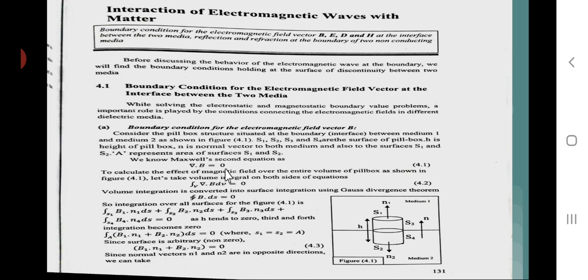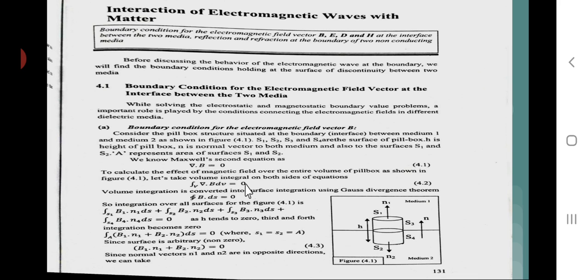To calculate the effect of the magnetic field over the entire volume of the pillbox, let us take the volume integral on both sides of the equation. That is, the volume integral of divergence of B dV is equal to 0.